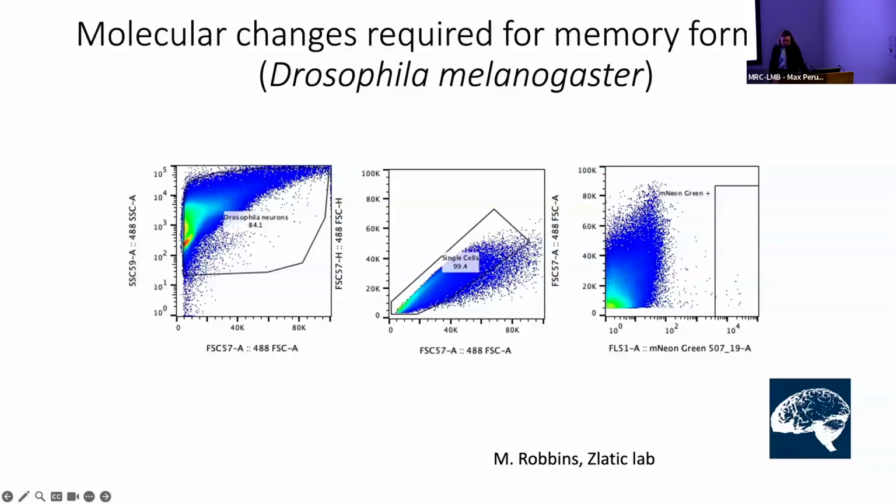The first is one by Miranda Robbins in the Zlatic lab, and she is looking at molecular changes required for memory formation in Drosophila melanogaster. The really challenging part of this project is that she needs to, of course, remove these neurons and image them first, before she brings them for sorting.